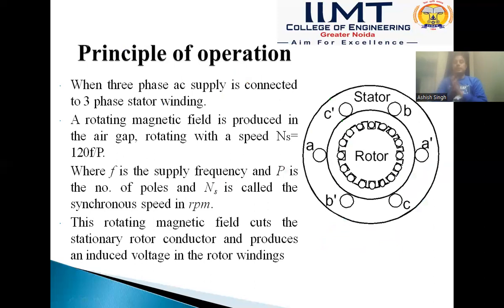So after discussing the construction diagram of three-phase induction motor, we will discuss the principle of operation on which principle three-phase induction motor works. As we discussed in earlier lecture, three-phase induction motor works on Faraday's law of electromagnetic induction, or transformer action. In transformer, we studied the transformer principle, that is Faraday's law of electromagnetic induction.